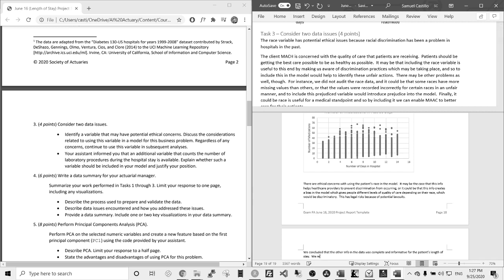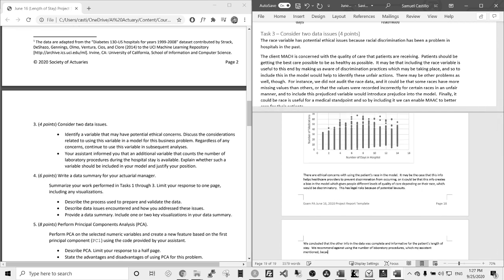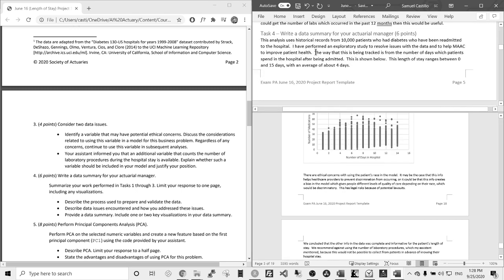We recommend against using the number of laboratory visits, which my assistant mentioned, because this would not be possible to collect from patients in advance of knowing their hospital stay. And then we'll just move on to task 4.